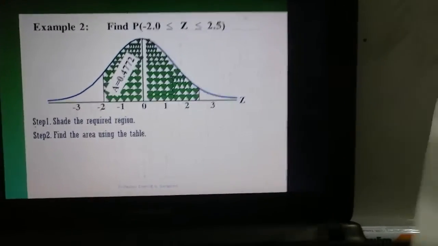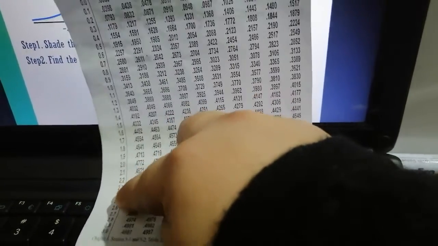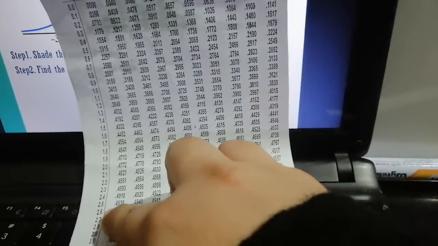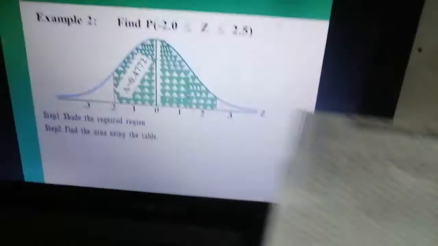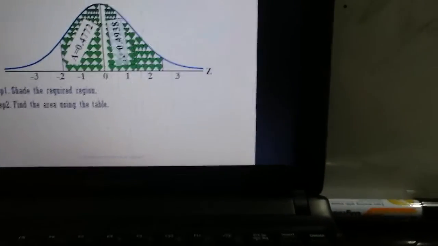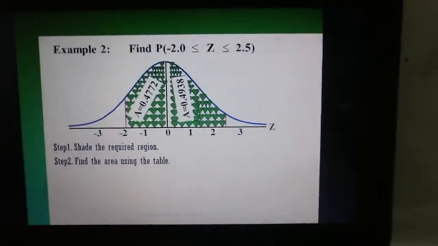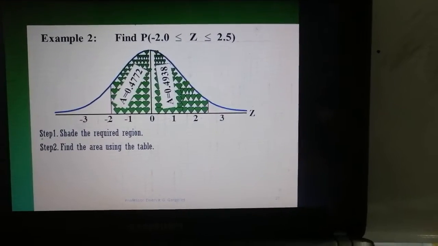How about from 0 to 2.5? So we need to find 2.5, and then 0, 0. So that is 0.4938. That's it, so those are the areas.